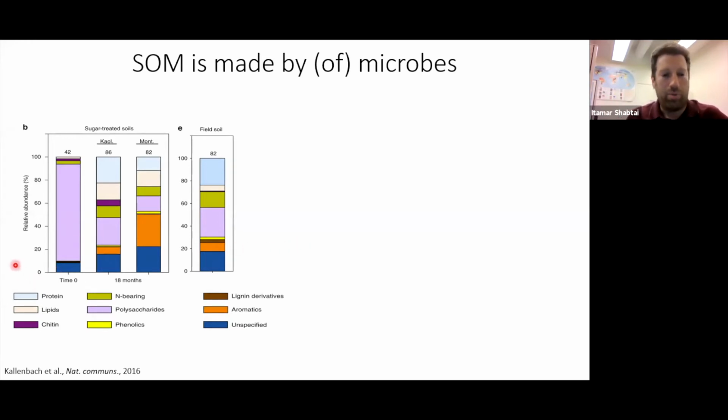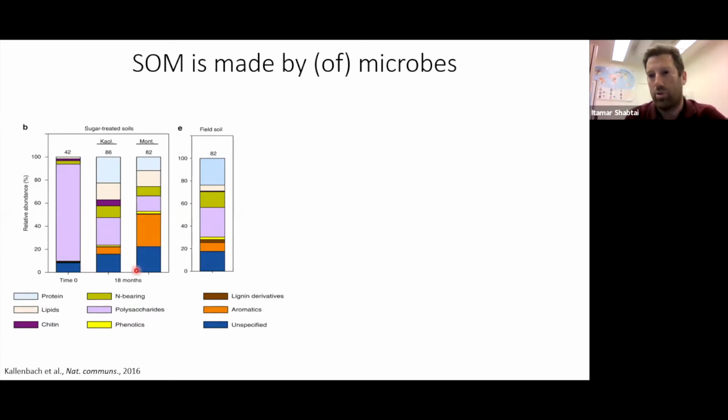So, for example, in this important paper from 2016, we see the distribution of organic compounds in different classes on a clay mineral that had glucose added to it, and then was incubated with a microbial inoculum for 18 months, and then was analyzed again.